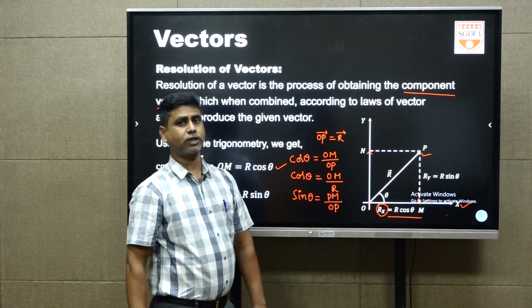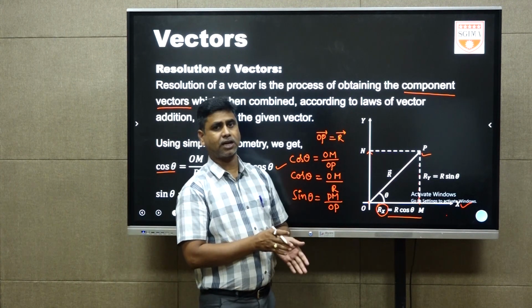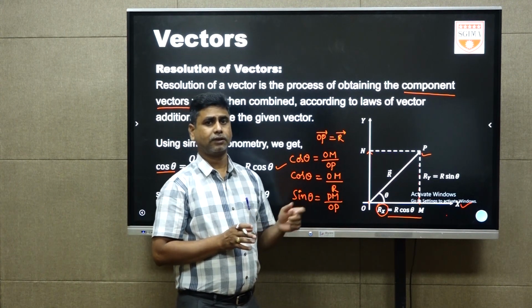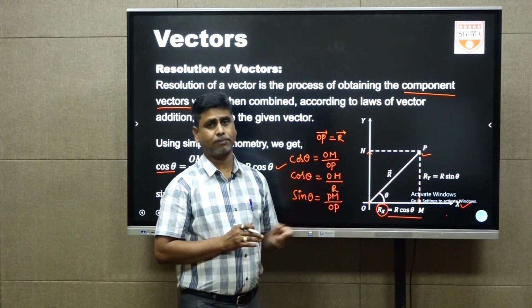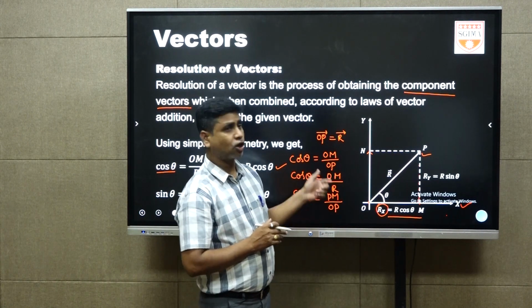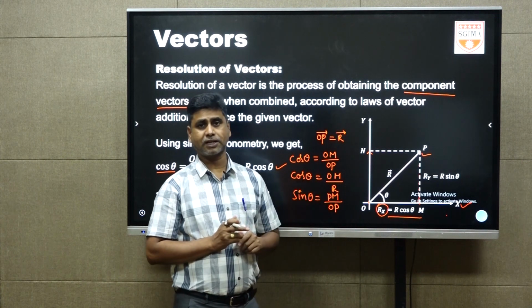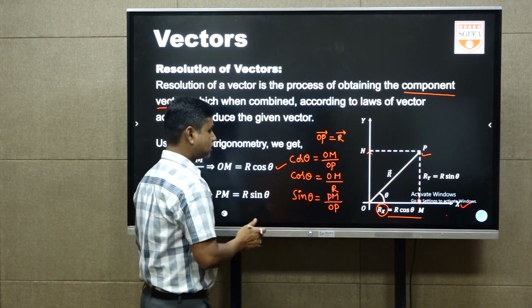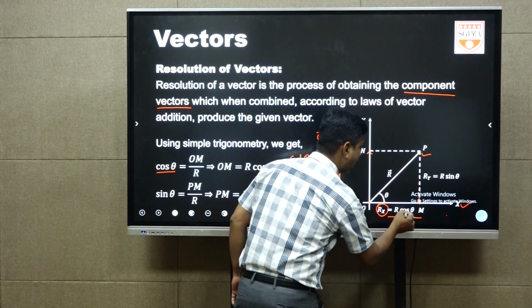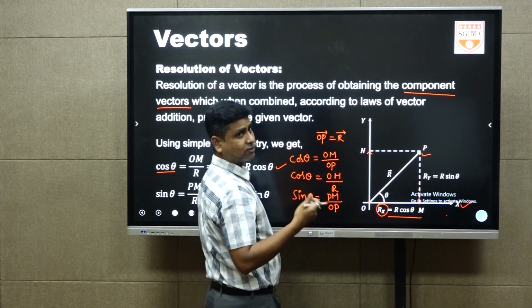In unit vectors we discussed that any component or any vector acting along the x direction, its unit vector can be taken as i cap. Any magnitude acting along the y direction, its unit vector can be taken as j cap. That's why Rx acting along the x-axis, we take Rx i cap.